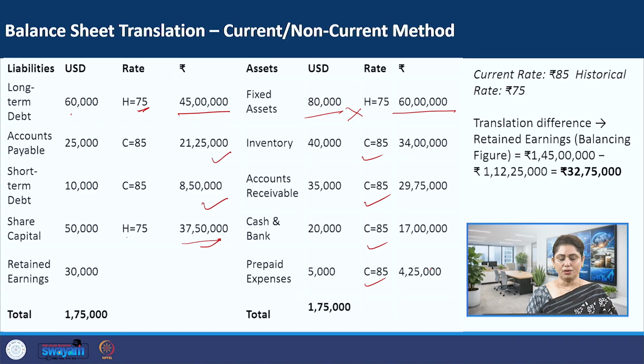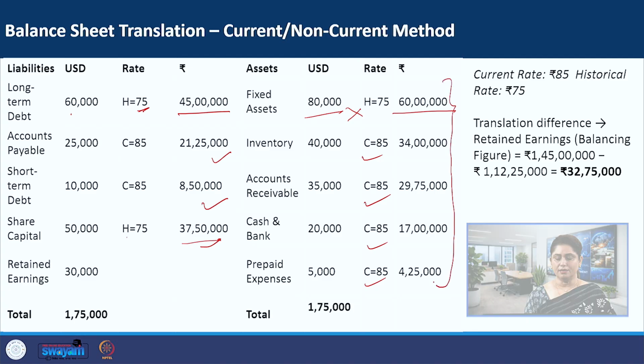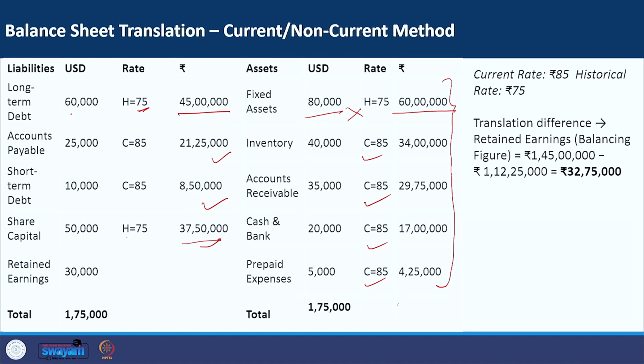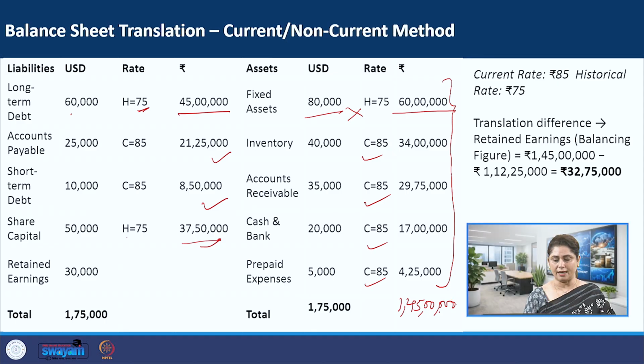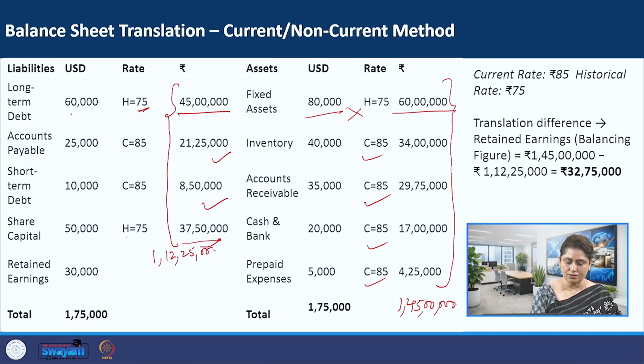Now, the question is, how are we going to balance it? If we add all these things, the value that we get here is 1 crore 45 lakh, right? This is 1 crore 45 lakhs, clear? Now, if we add these things, it comes out to be 1 crore 12 lakh 25,000.